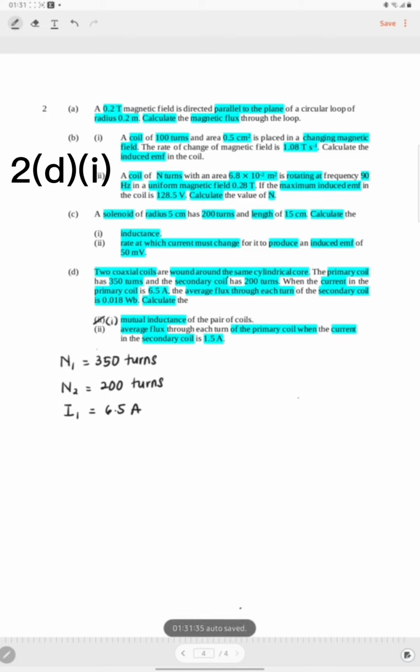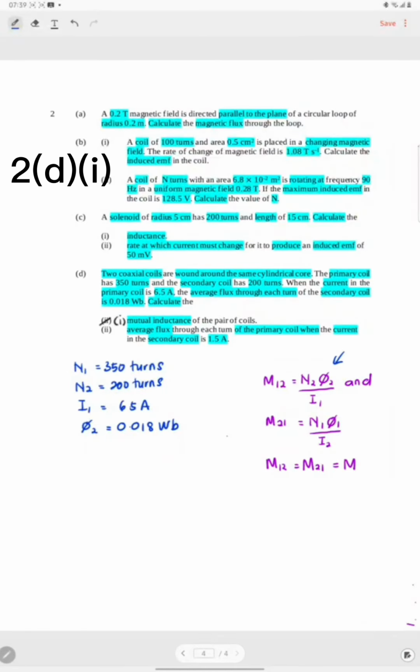The average magnetic flux through each turn of the secondary coil is 0.018. So that will be the magnetic flux in the secondary coil equal to 0.018 Weber. We need to calculate the mutual inductance. To calculate this mutual inductance, firstly, we have to know about this concept. M12 equals N2 times magnetic flux 2 over I1.